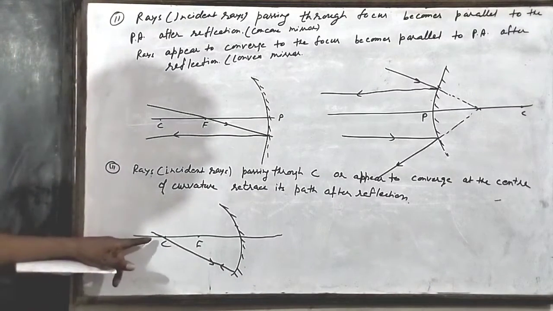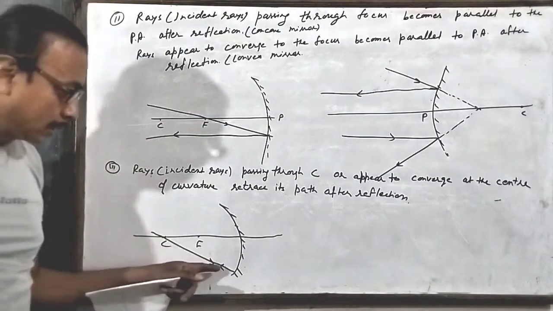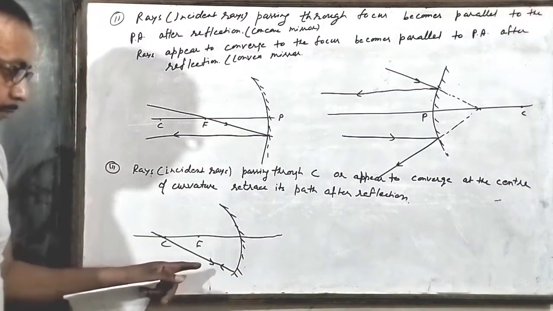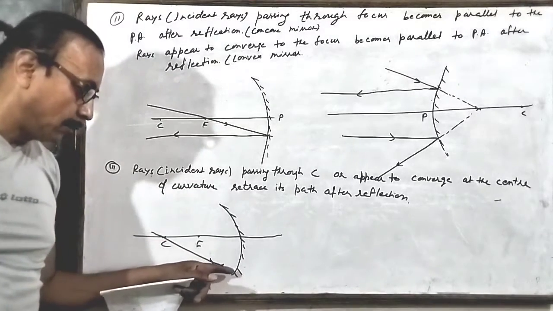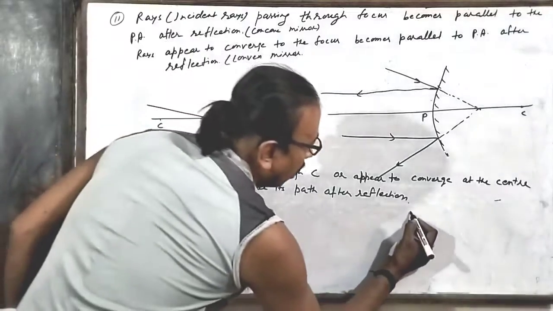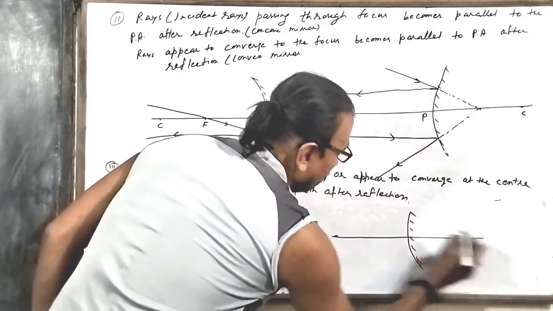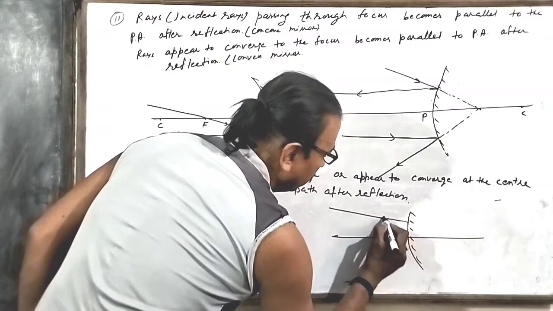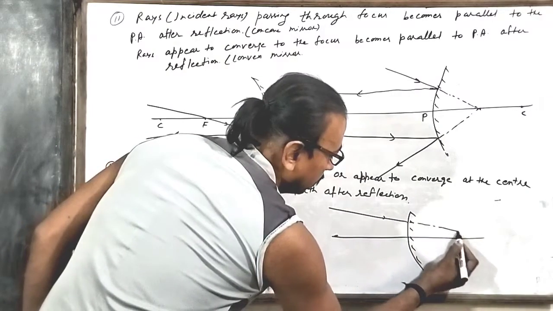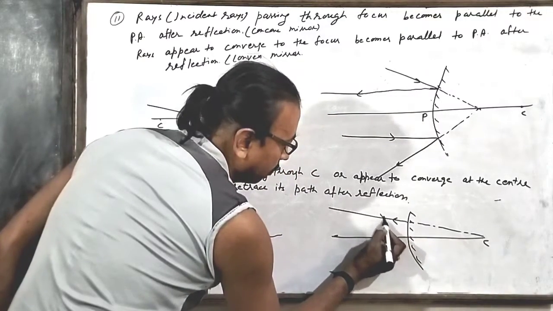Trace back means if rays are passing through C, they are striking normally to the mirror. When there is normal incidence, the reflected ray traces back its path. And for a convex mirror, rays that appear to diverge from the center of curvature C will trace back their path.